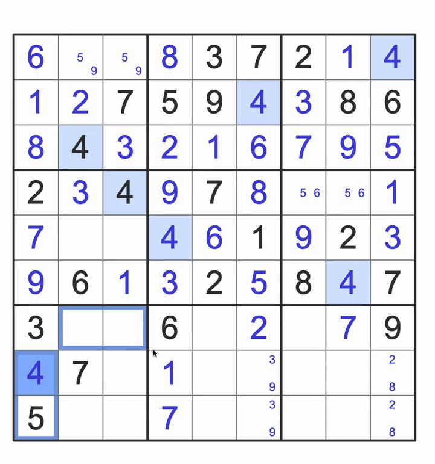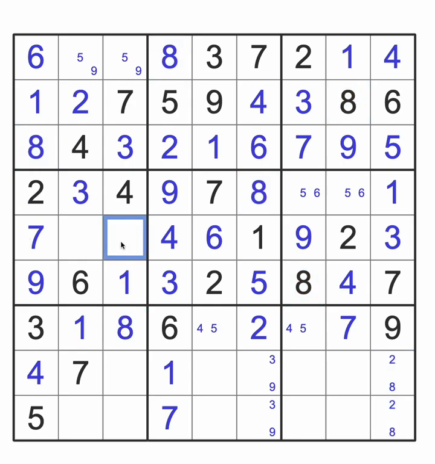And they cannot be in here, so that means 4 and 5 will use these two cells, which gives me two numbers for these two cells, which are 1 and 8. 1 blocks this cell, gives me 8, and this will be 1. 8 is not in this box, so 8 blocks here means this is 8. That gives me 5, which gives me 9, 5, and this would be 9.